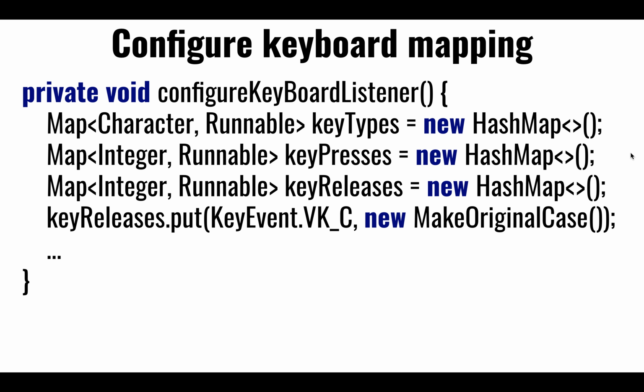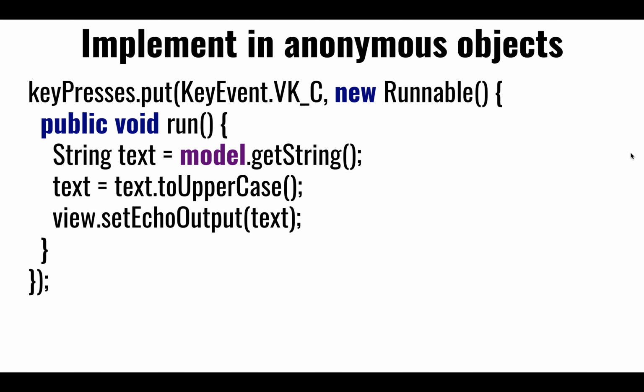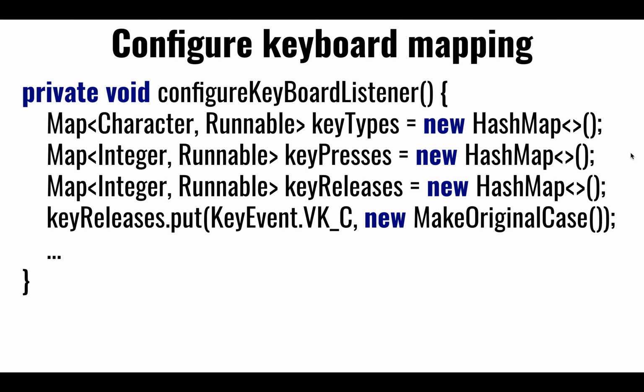So you would populate that for every keystroke, whatever you would need. Here's another one, for instance. This one has an actual object that we can instantiate. If that object needs to maintain some state, or we need to pass in some parameters so that we can configure the behavior, this is a great option.